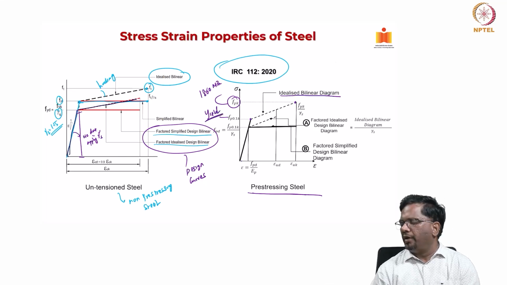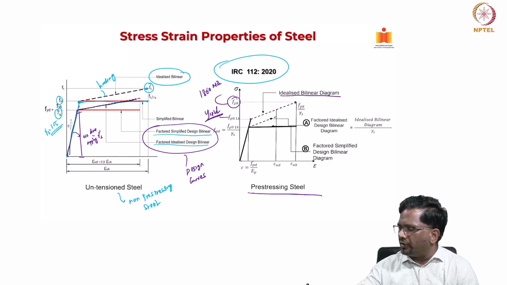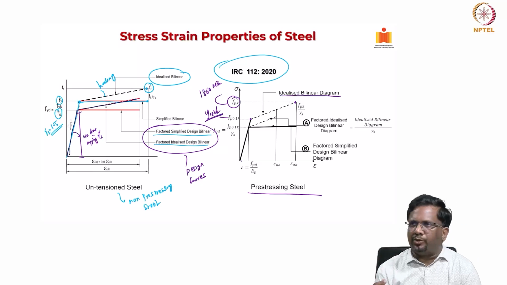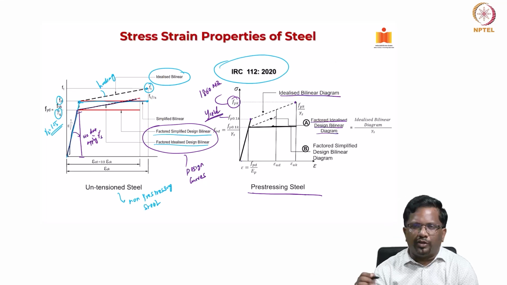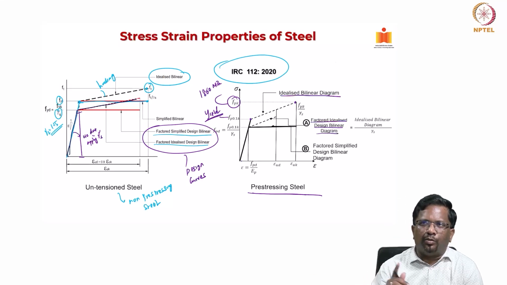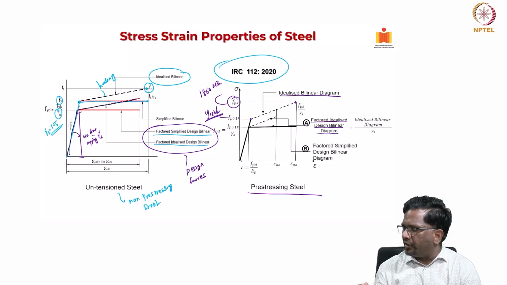Now the same curve for design applications, this is the actual idealization. From this idealization, again I can get two things, A and B. What is A? A is a factored idealized design bilinear curve. Again, what is the design curve? The moment we talk about design, the actual idealization has to be divided by the partial safety factor. So that is what we are doing.